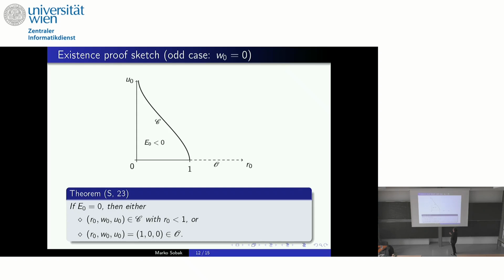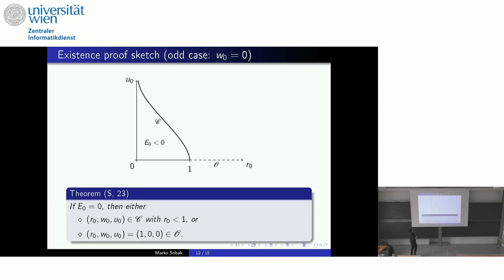This tells us that this thick line here is in C, or it has to be this fixed point here, which is 1, 0, 0, which we already know is in O by the explicitness of the solution. I should mention this one is not asymptotically flat. Only this one here is asymptotically cylindrical, and as soon as you assume that R0 is greater than 1, you get into the asymptotically flat ones. But they are all in O, nevertheless.